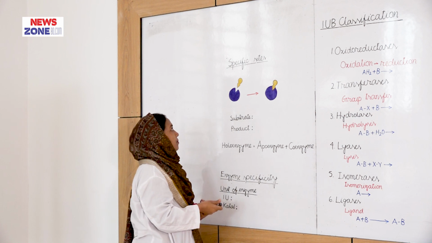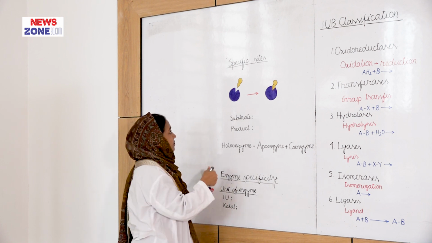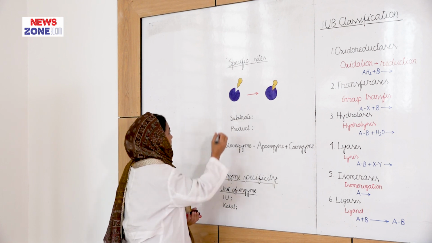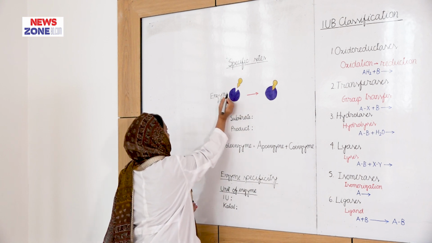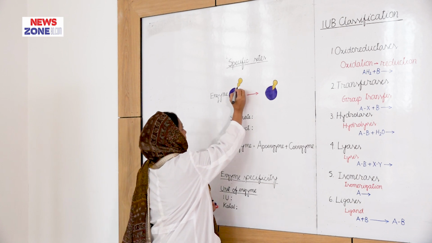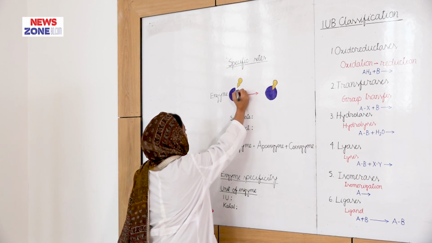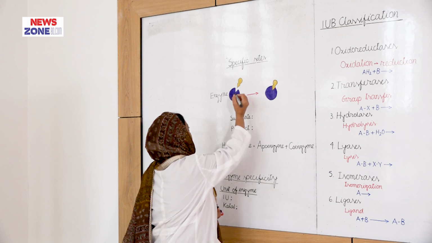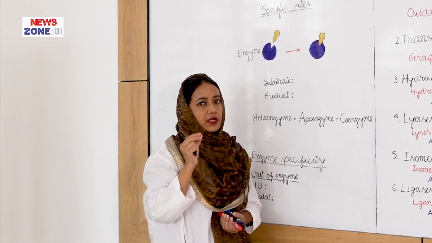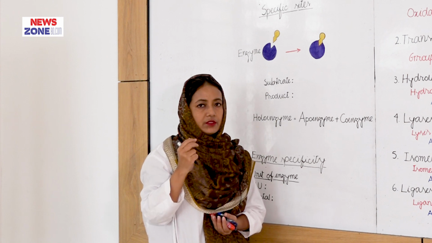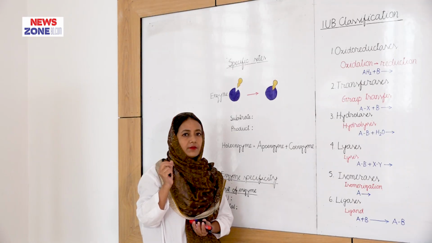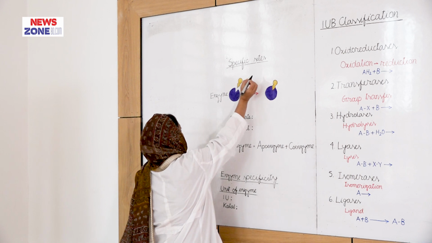Let us know about the specific sites of enzyme. This is an enzyme, and this is the active site. The active site is a particular site of an enzyme. It is a cleft or pocket-like site, a three-dimensional shape where the substrates can bind. This is the substrate.